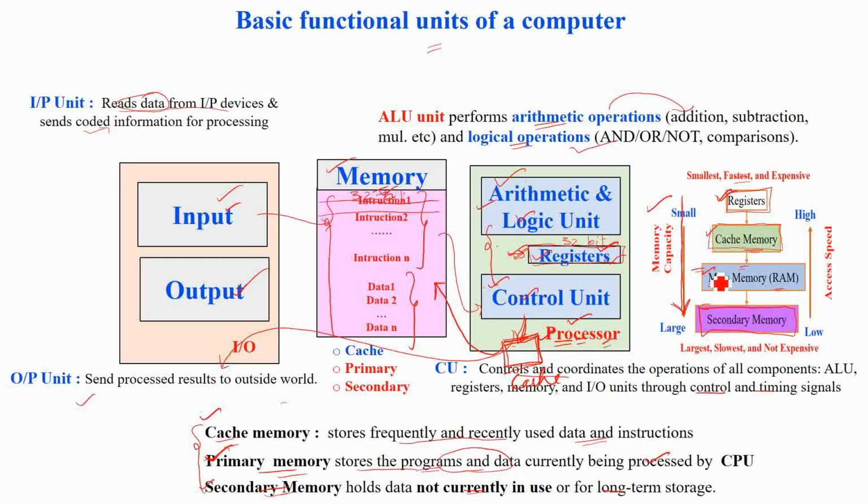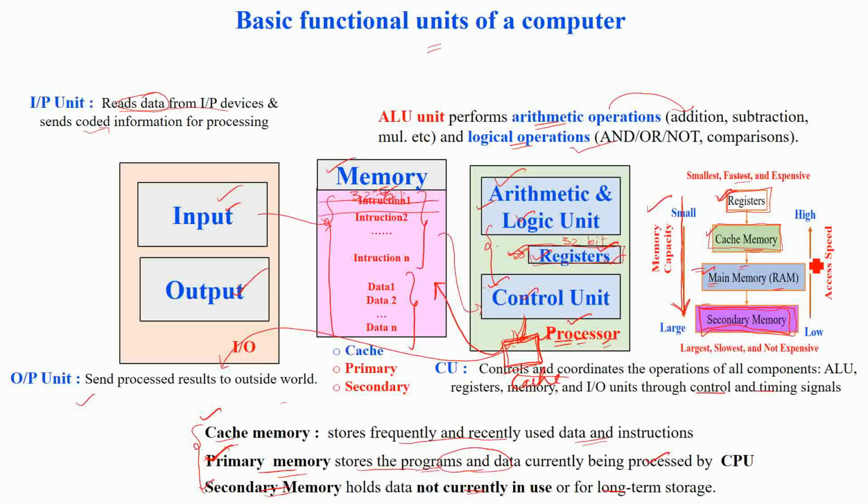Main memory is an external component of the processor. Compared to cache memory, its distance from the processor is more, whereas secondary memory's distance is more than main memory.